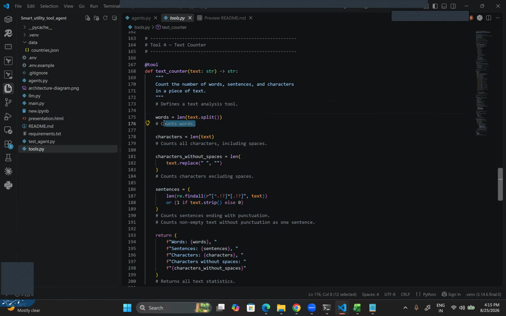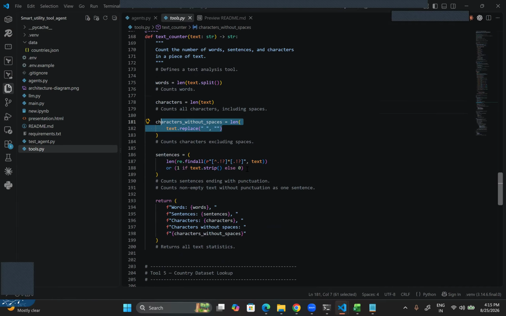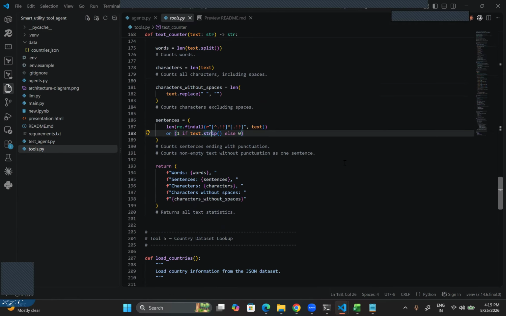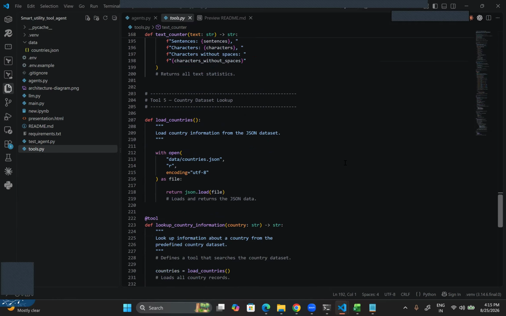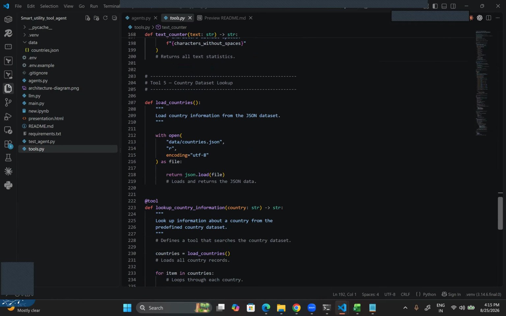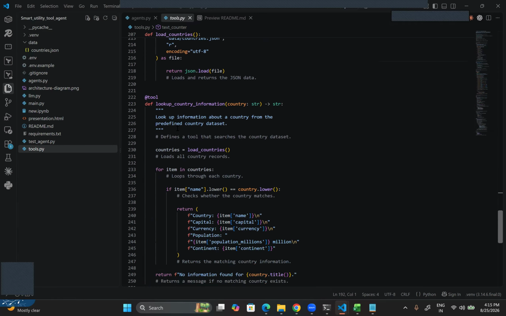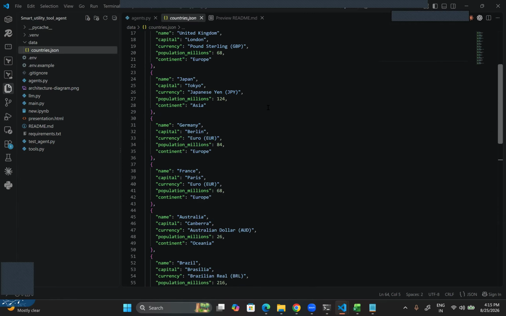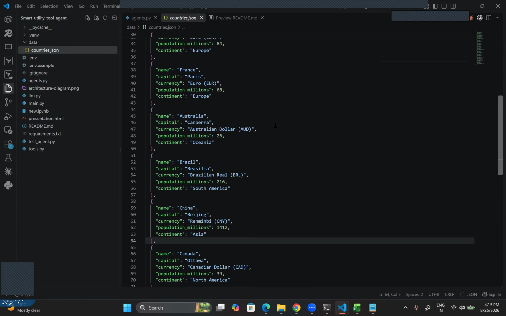Then it counts characters with and without spaces, and then sentences, which uses a regex expression. And last but not least is the lookup country information tool. This country tool just loops through a JSON file that I've created, this JSON file.